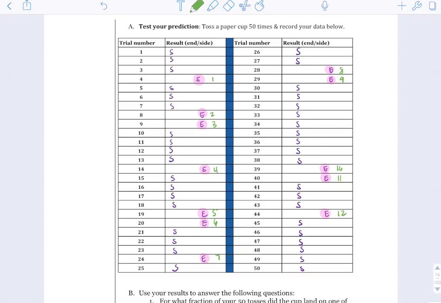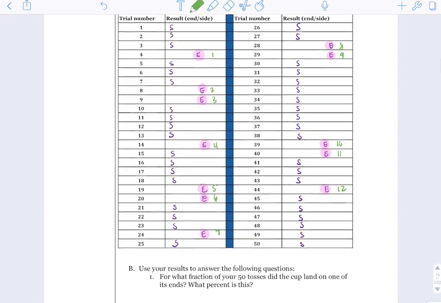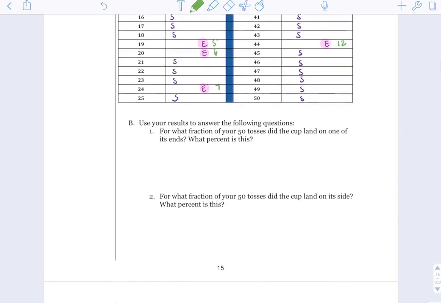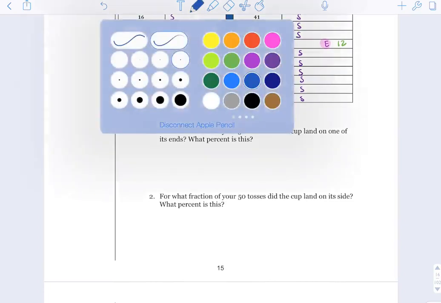Now, if this was Calvin, he probably should have picked side as his outcome that would yield his chance to eat his cereal. Now, use the results to answer the following questions. What fraction of your 50 tosses landed in your cup as an end? Everyone's will be different.